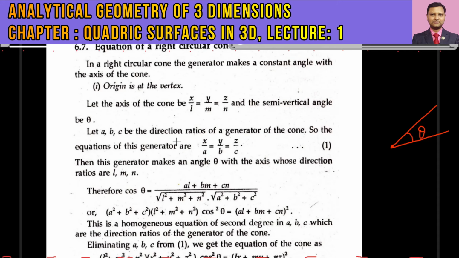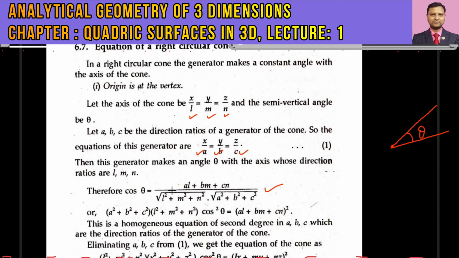Suppose the axis of the cone has the direction ratios l, m, n, and the generators have the direction ratios a, b, and c. Then we know how to find the angle between these two straight lines having the direction ratios l, m, n, and a, b, c. In this way, we compute the expression of the cosine of that angle.